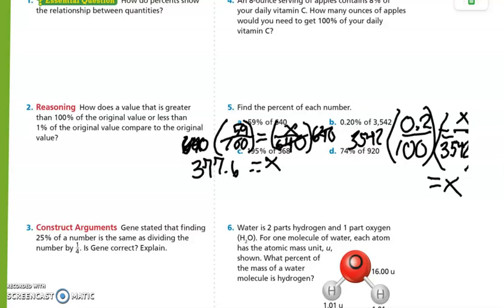And you will get 7.084. Because that's a small percent, it makes sense that that's a small amount of the number.